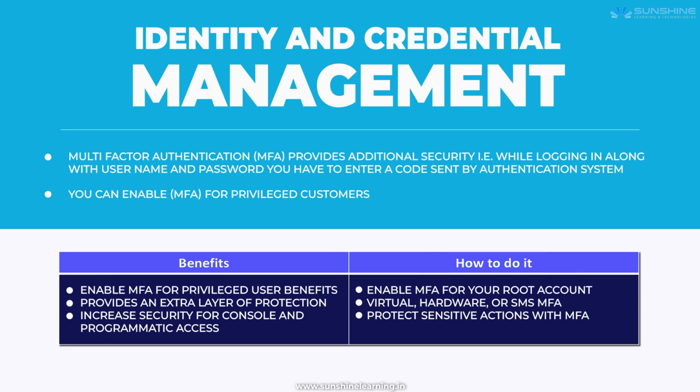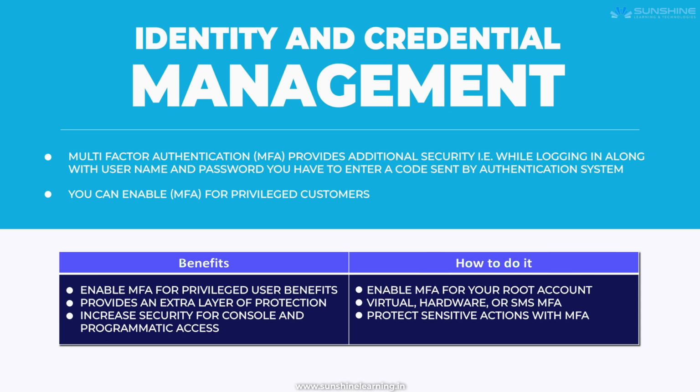If an MFA device is associated with your user credentials, it could be an application, a key, or a hardware token also. Whatever MFA you associate, you need to provide the token ID in the MFA tab. And this way you can enable MFA for privileged users.